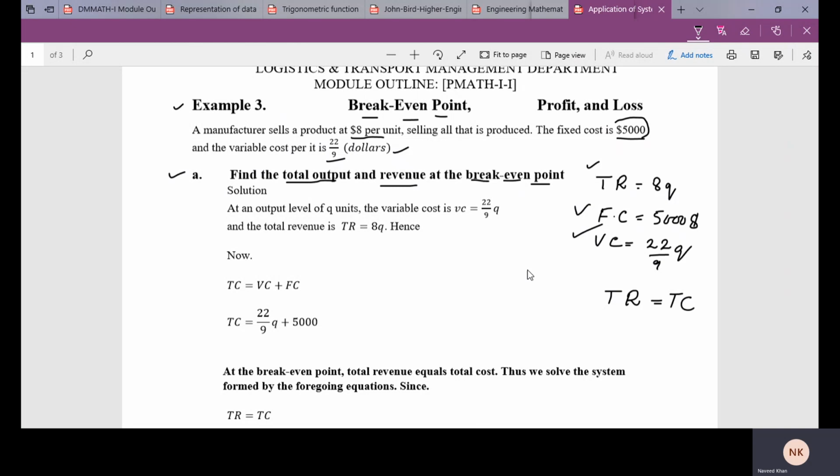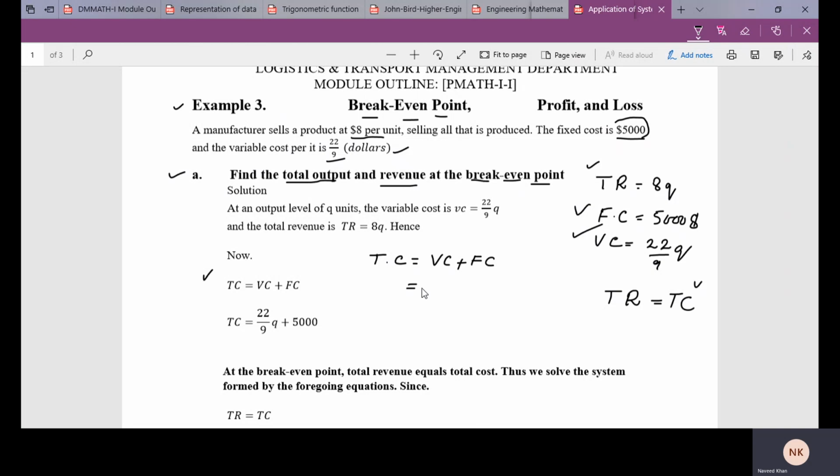So first of all, we need to find the total cost. The formula for the total cost is: total cost is equal to variable cost plus fixed cost.